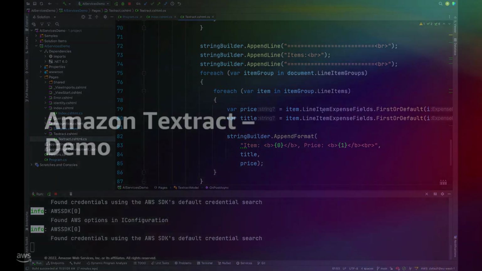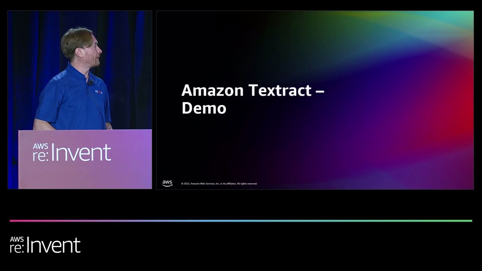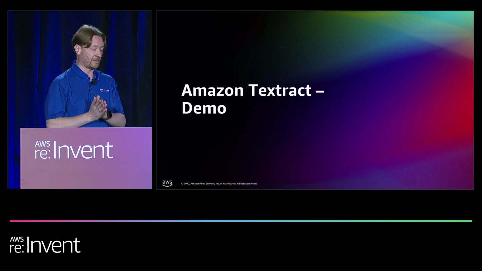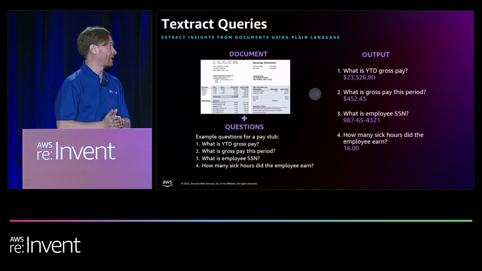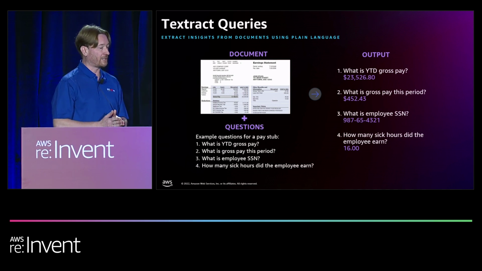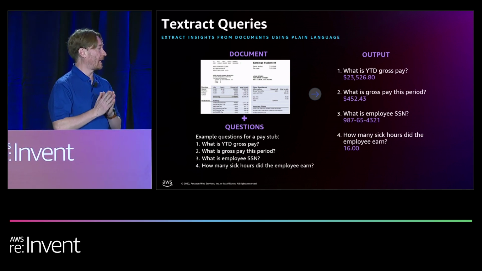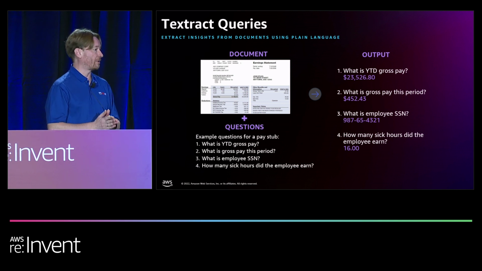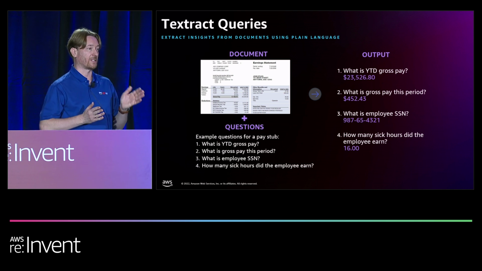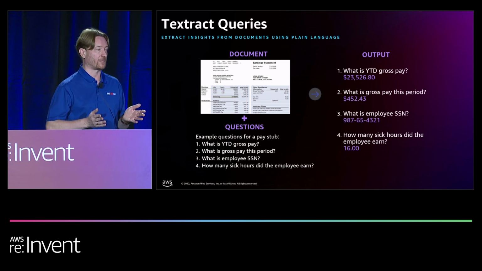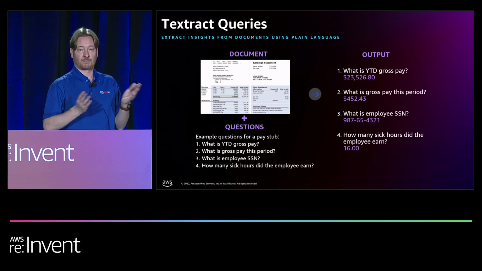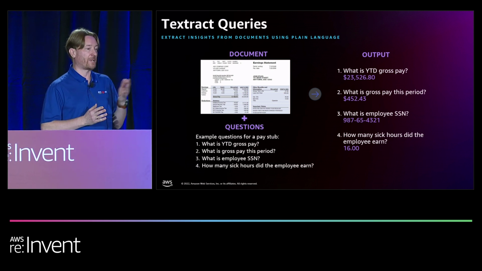Okay, and Prashad already mentioned the feature of Textract called Textract Queries. So what it is, it's a pre-trained out-of-the-box AI feature of Textract, which was trained on a large number of structured, semi-structured, unstructured documents which are commonly used in financial verticals, like pay slips, loan applications, and so on.